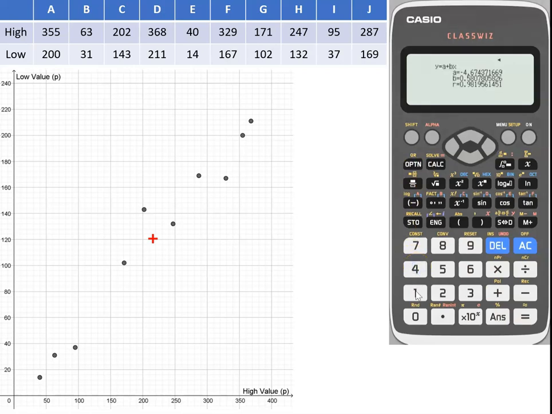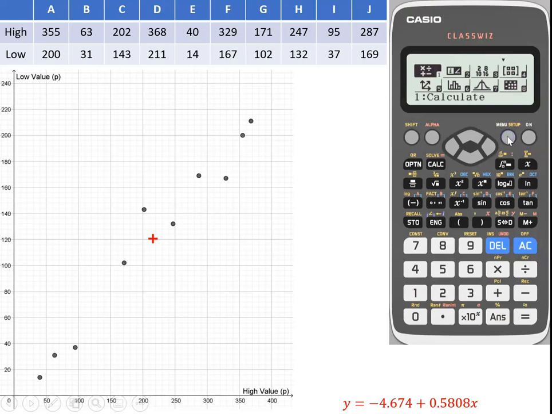And there we are, we've got the regression line now is y equals a plus bx, where a is minus 4.67 and b is 0.581. So we can now record that regression line. We've got y equals minus 4.674 plus 0.5808x.